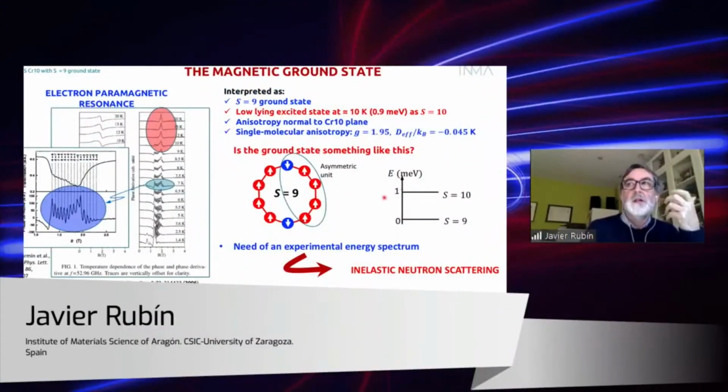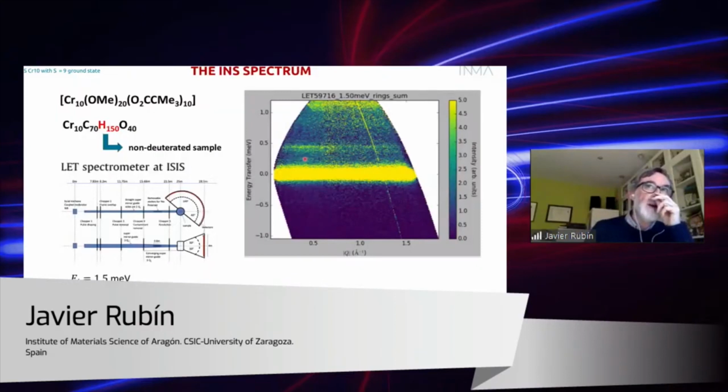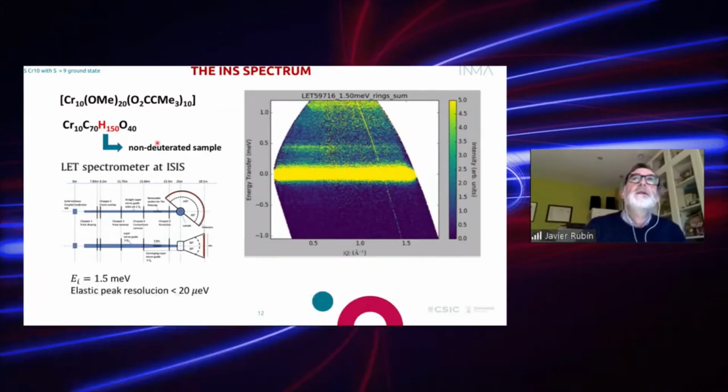This picture needed an experimental energy spectrum, and that's why we chose to obtain inelastic neutron scattering spectra. So we chose for that member of the series to measure on the LET spectrometer at ISIS.